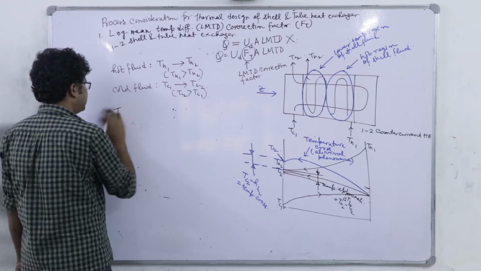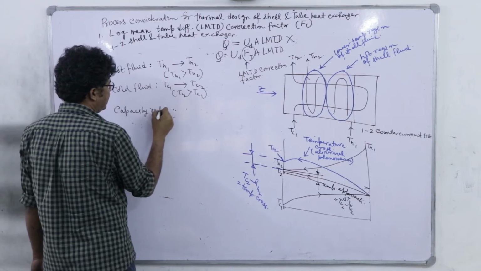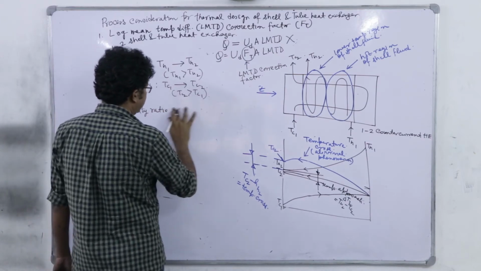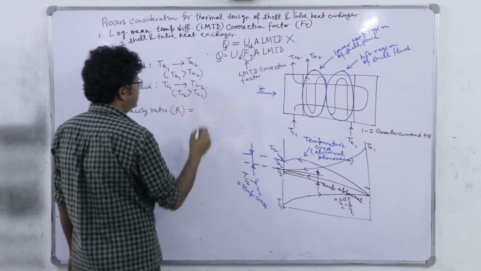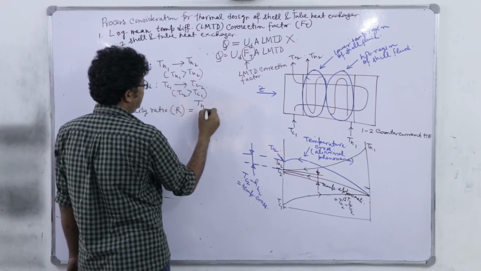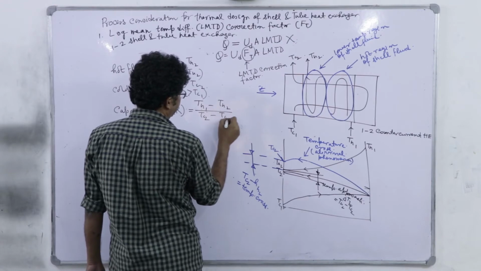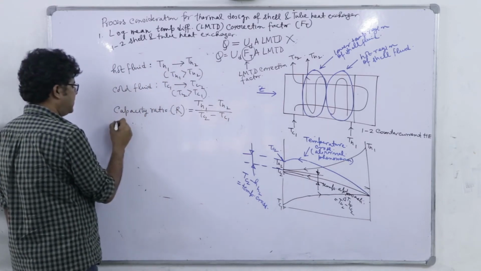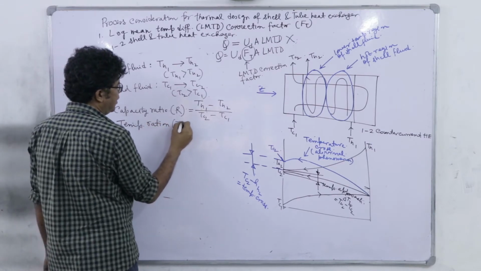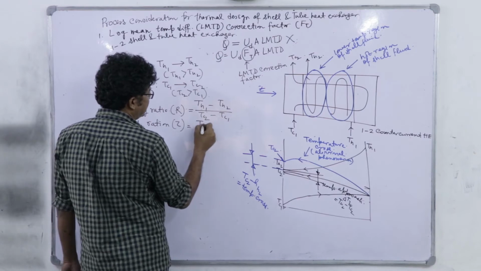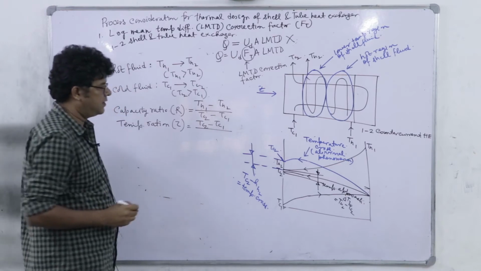So, capacity ratio, that is referred to as R, is equal to the hot fluid temperature change Th1 minus Th2 divided by Tc2 minus Tc1. Another is the temperature ratio tau, which is the actual change of cold fluid temperature divided by the maximum possible change.